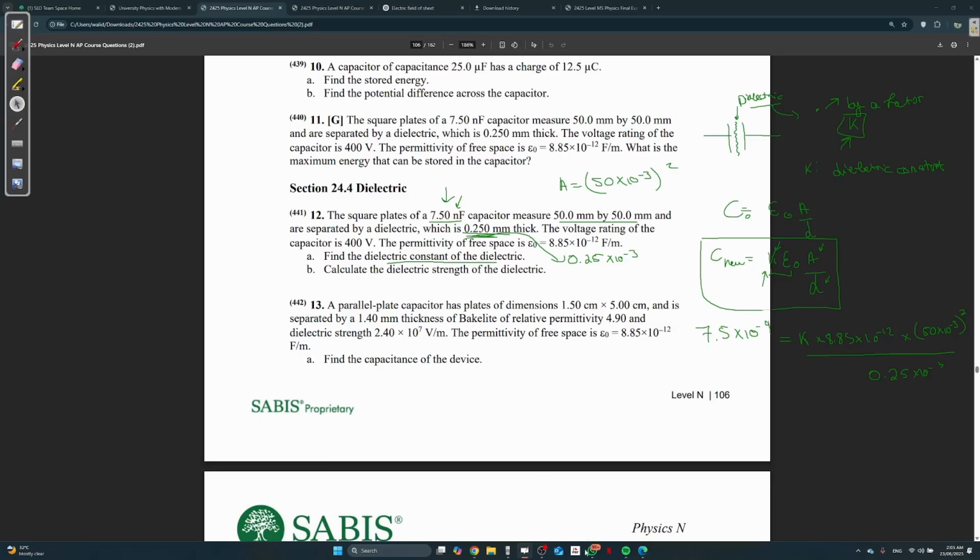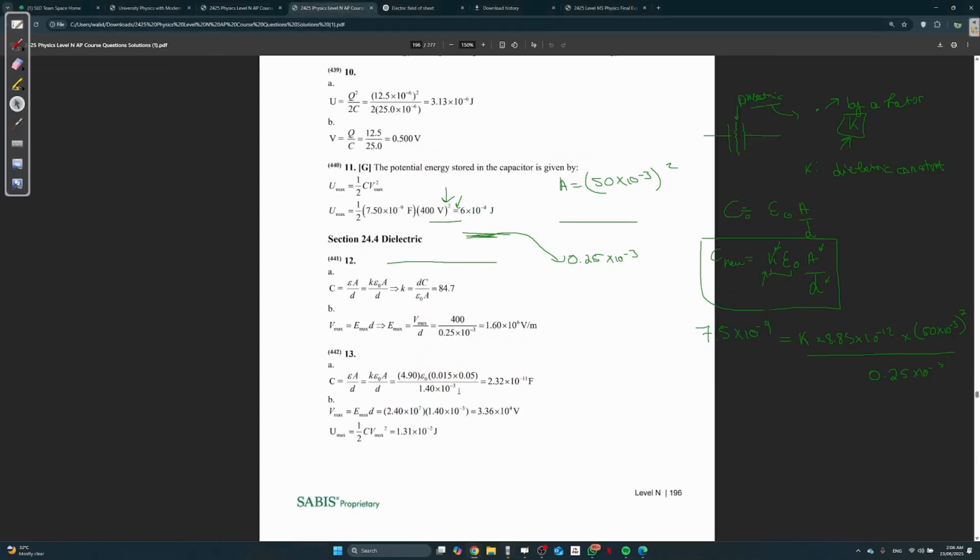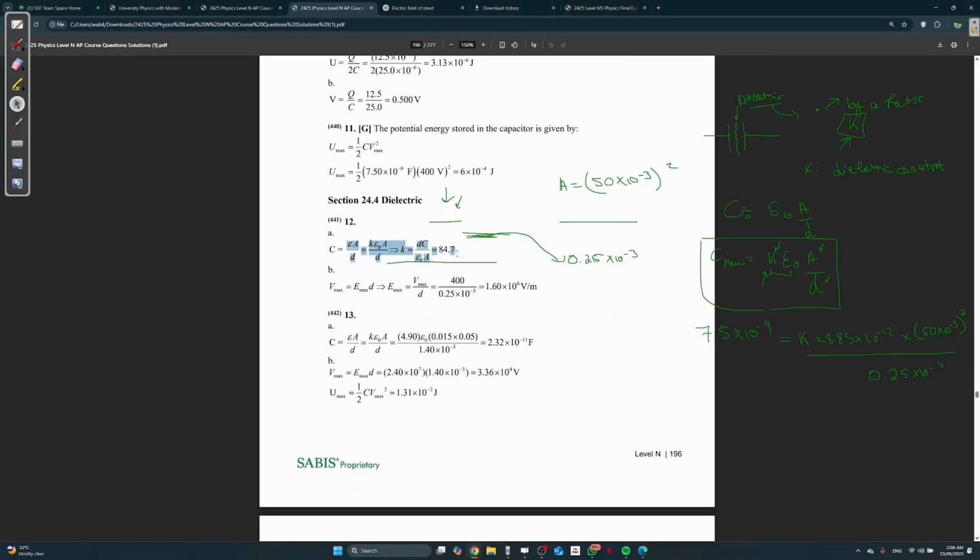Let's do it. 7.5 times 10 to the minus 9 times 0.25 times 10 to the minus 3, divided by 8.85 times 10 to the minus 12 times 50 times 10 to the minus 3 squared. You get K, 84.7.